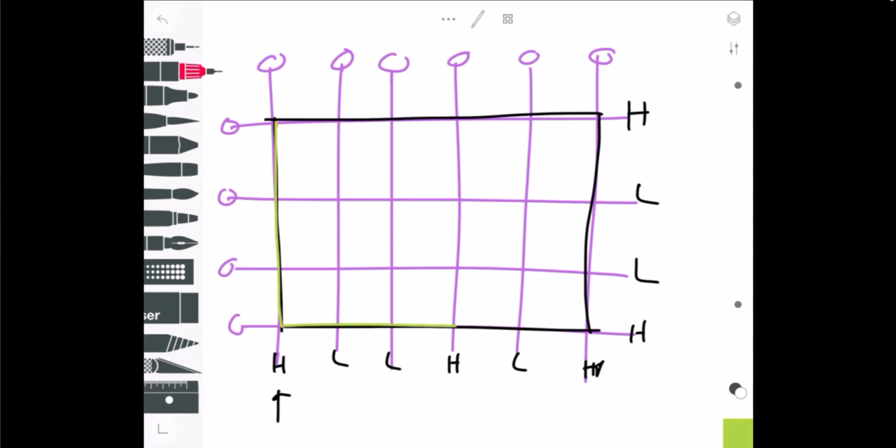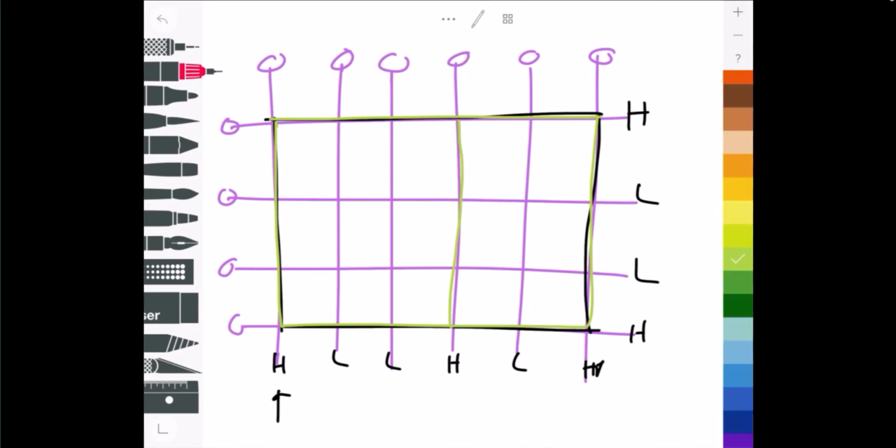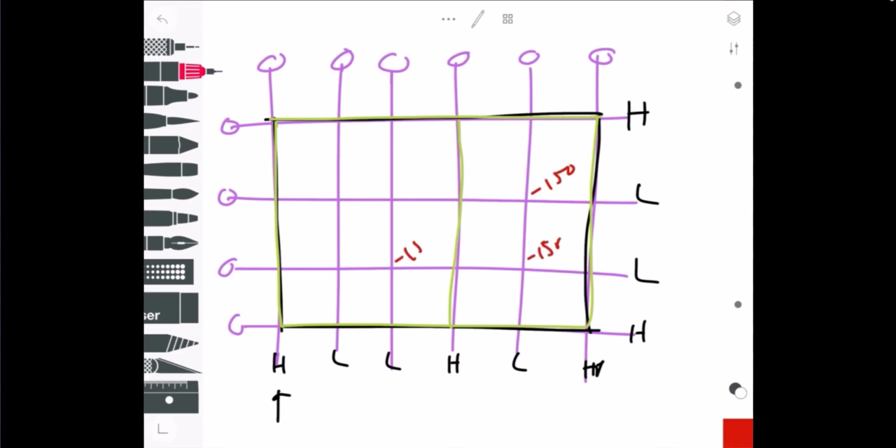High points are on the perimeter, and we got a high point along there again. And so we would drop a minus 150 here, minus 150 here, minus 150, minus 150, minus 150, and minus 150.